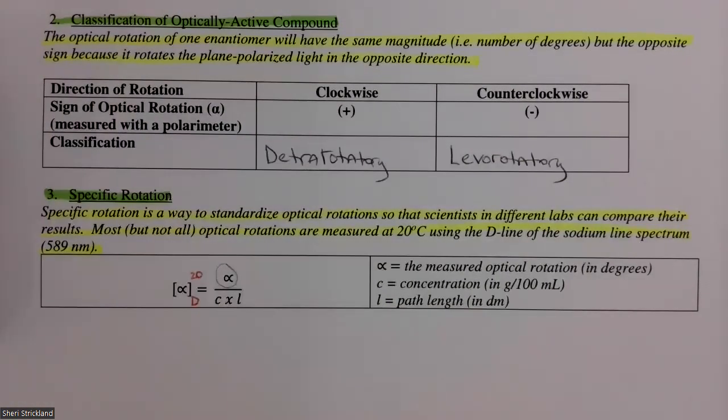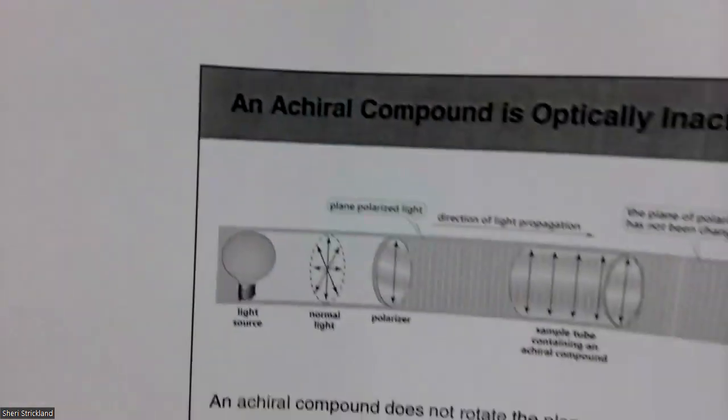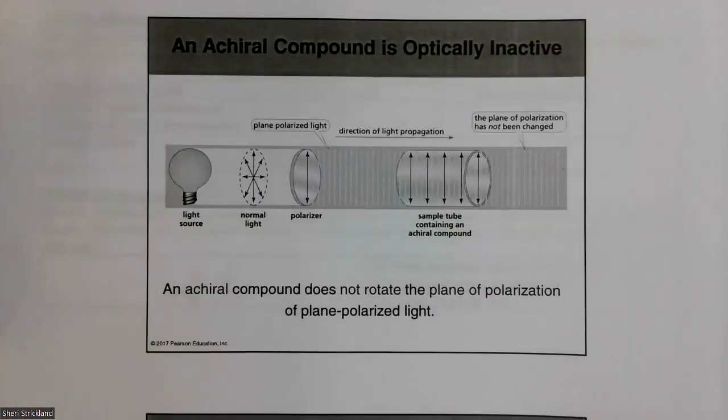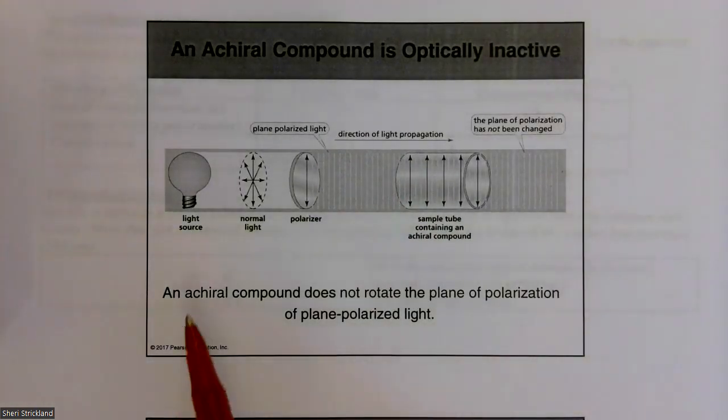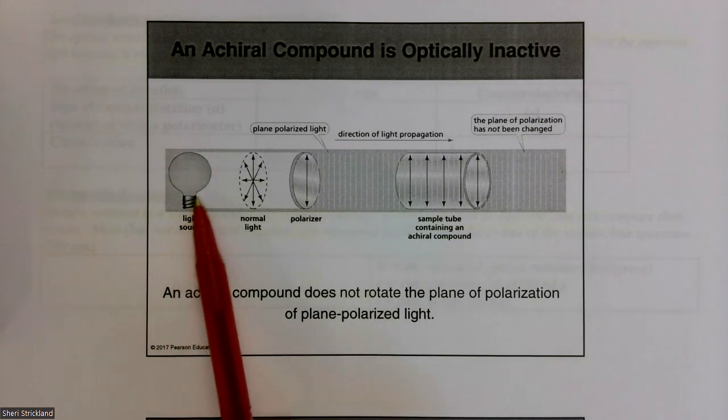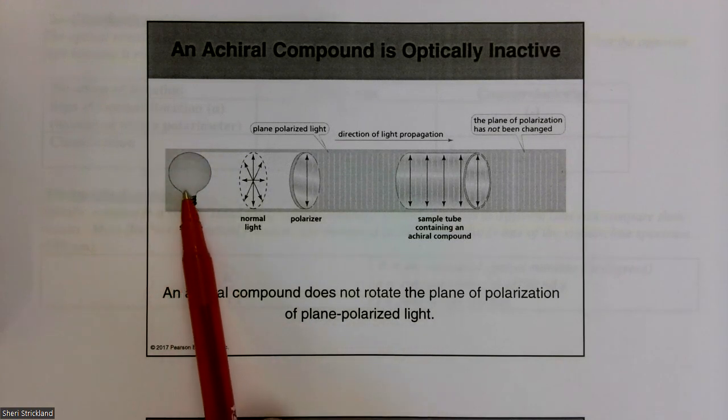There's one last thing I want to show you before you go, and that is two figures from your text, which kind of show you what's going on inside a polarimeter. So with an achiral compound, here's the light source, the D line of the sodium spectrum coming from this light source.